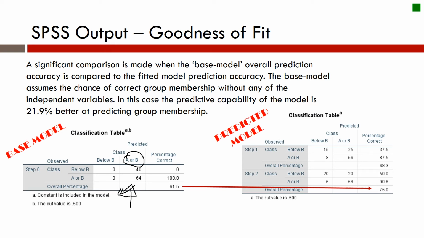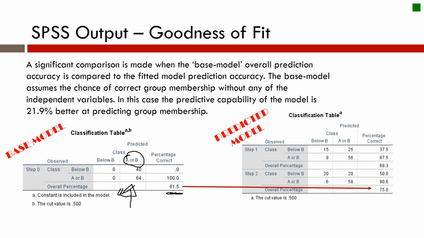So this 61.5% is the base level: if I did nothing, if I did not have any independent variables at all to help me predict this model, I could do 61%. I would be right 61% of the time in my assignment, and that I would do by just putting everybody in the top group here.